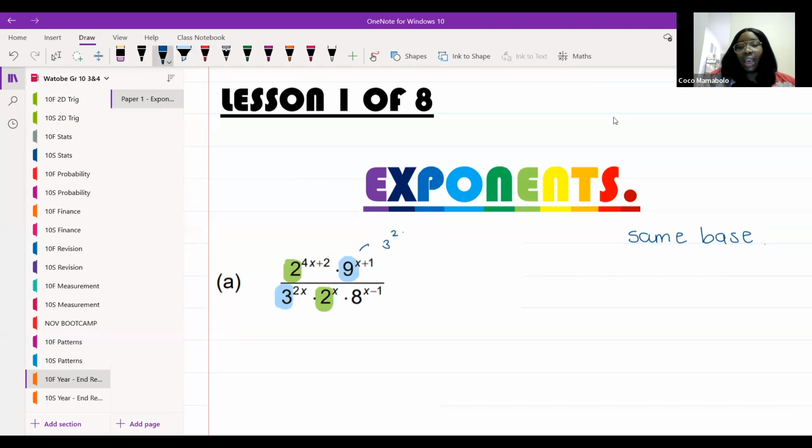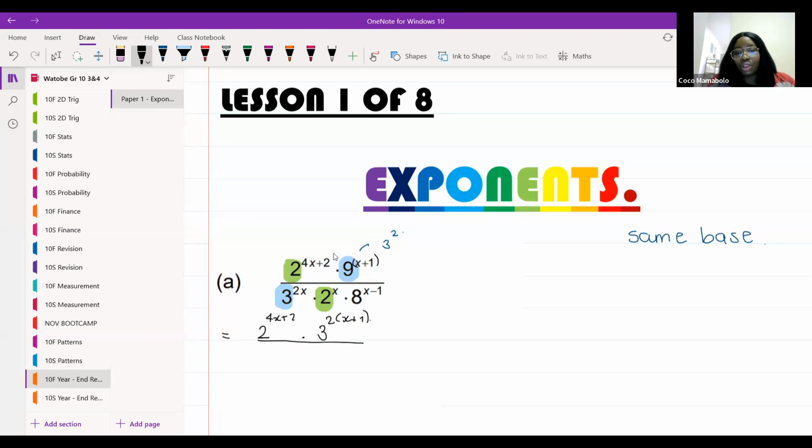Excellent. Okay. So here's what we're going to do. We're going to rewrite everything, but instead of having 9 there, we're going to have 3 to the power of 2 instead. So we're going to have 2 to the power of 4x plus 2 multiplied by 3 squared. Now, because that x plus 1 was already there, we need to keep it in a bracket there at the top, right?